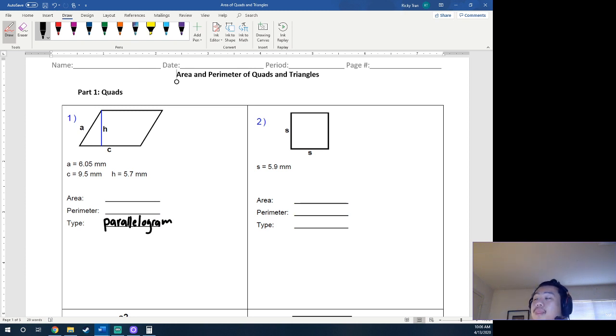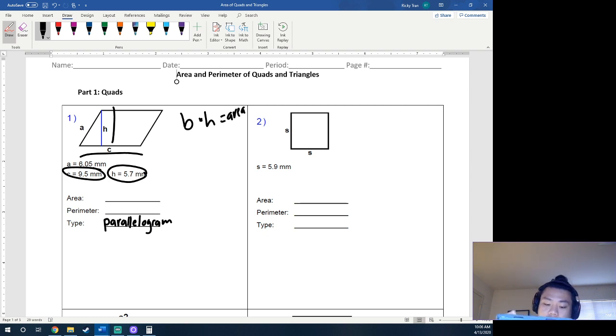To find area, for a parallelogram it's base times height. That's this base here and the height here. So we're going to use B and H for base times height.